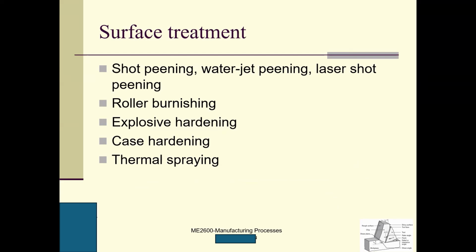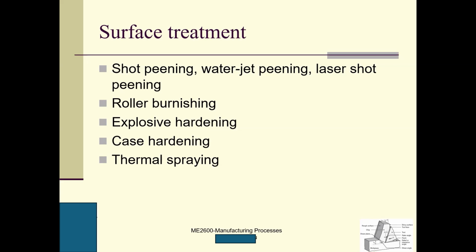I told you that in shot peening we use a gun that projects tiny metallic particles, and these tiny particles induce compressive residual stress, which is beneficial for the fatigue life. Water jet peening: you use water to induce the compressive stress also.